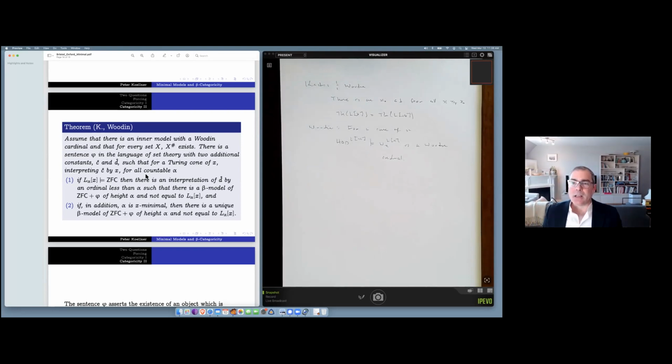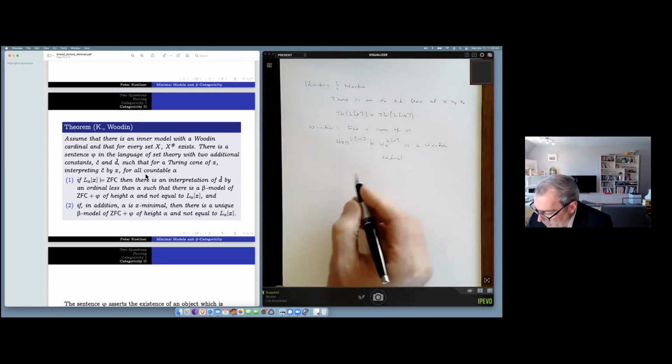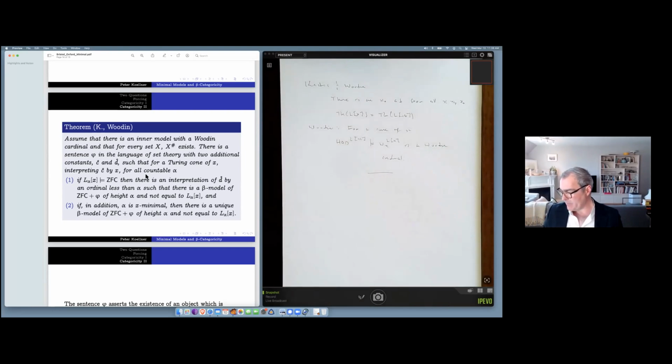Okay, as you probably know, Woodin cardinals are really a mixed blessing, or more like a mixed curse, because they started off as throwing a wrench into the inner model theoretic machinery.